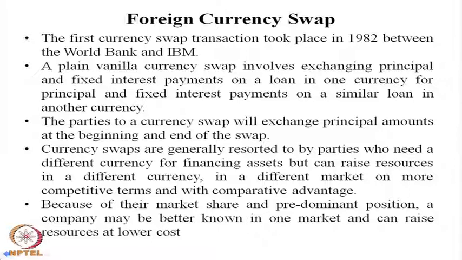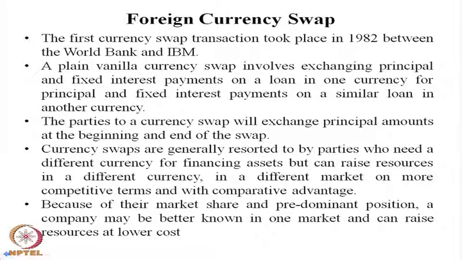At the beginning of the swap, the two parties exchange the principal, and at the end of the swap they reverse the transaction and exchange the same principal again. However, during the validity of the swap, they exchange cash flows, which are nothing but the interest payments. So, currency swaps are generally resorted to by parties who need a different currency for financing assets, but can raise resources in a different currency in a different market on more competitive terms.